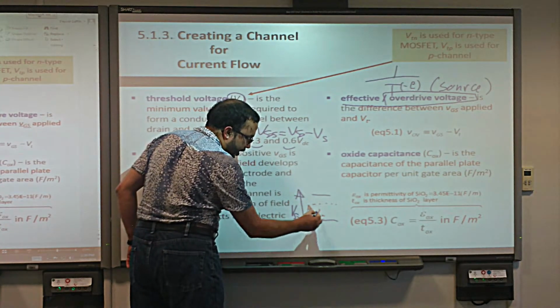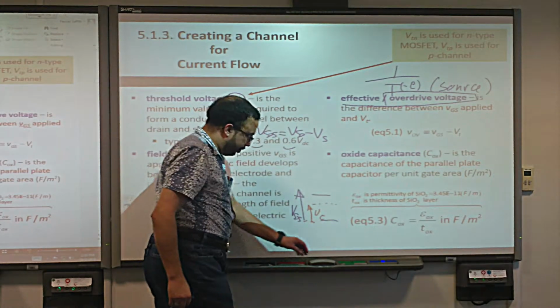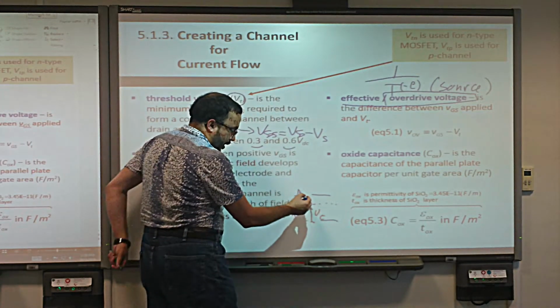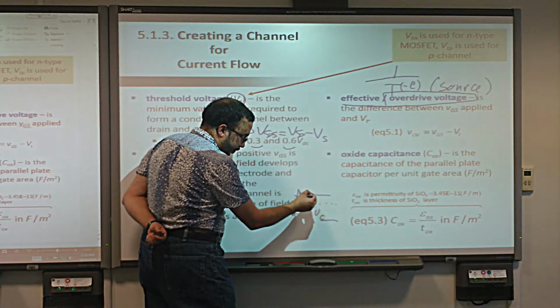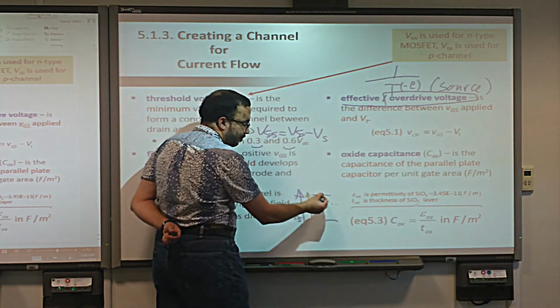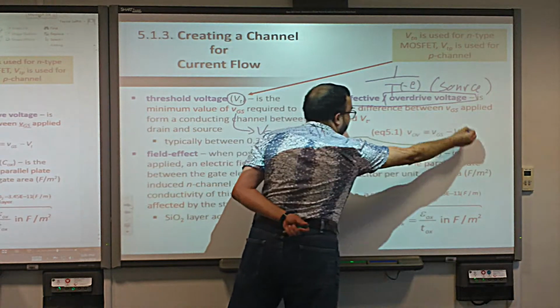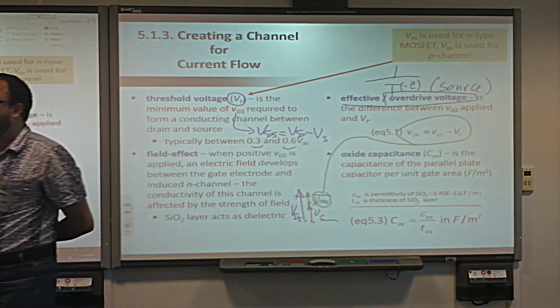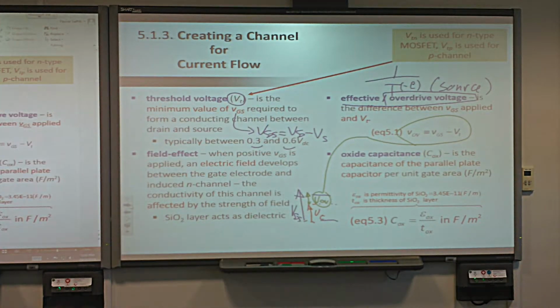This is VGS, and this is VT. The difference of VGS above VT, we call it V overdrive. You understand? It's the difference between the VGS and the threshold. It's defined always above VT.